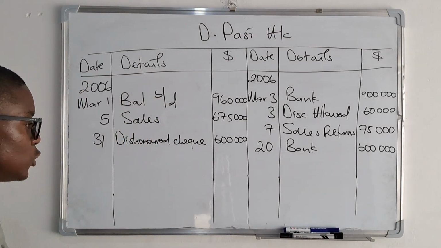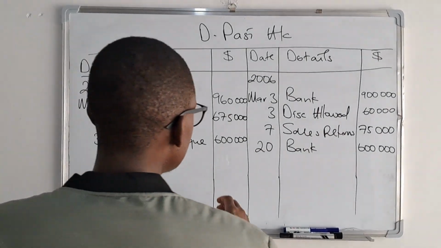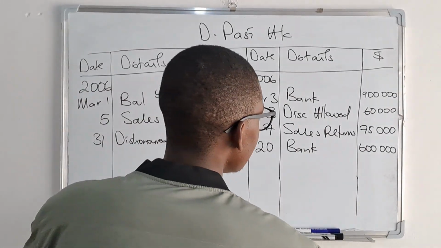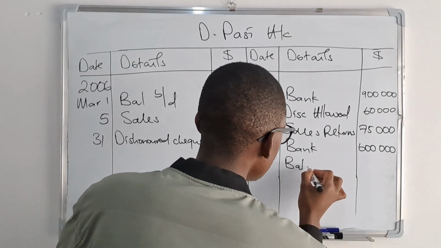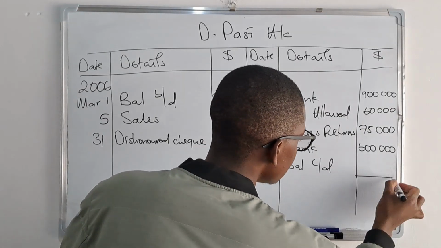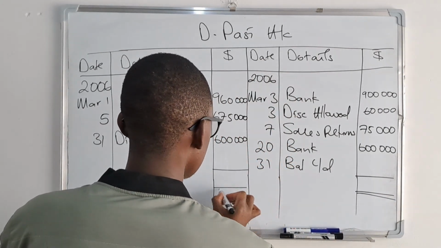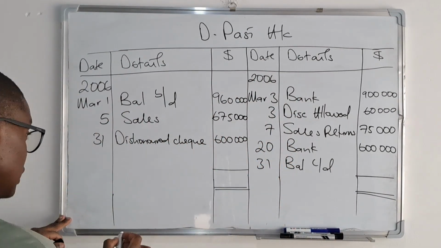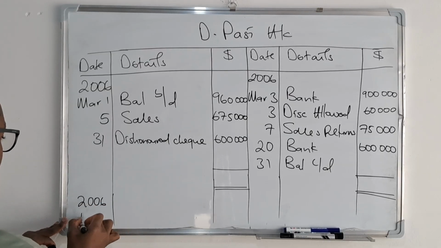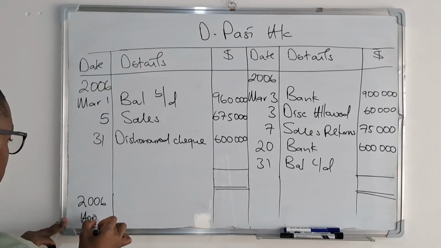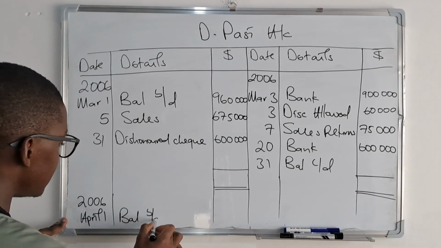Then what do you do? You compare the sides. You can see this side is greater than this one. It means our balance CD at 31 March will appear on this side. Then you balance off your account like this. On 2006 April 1, balance BD.